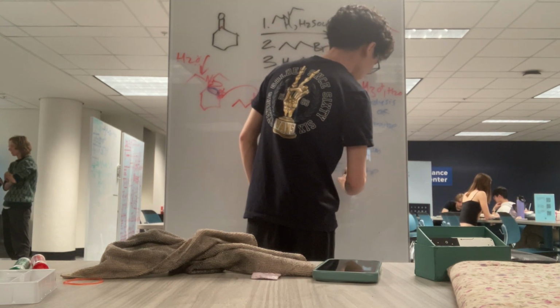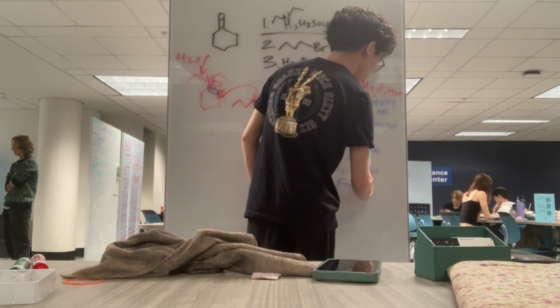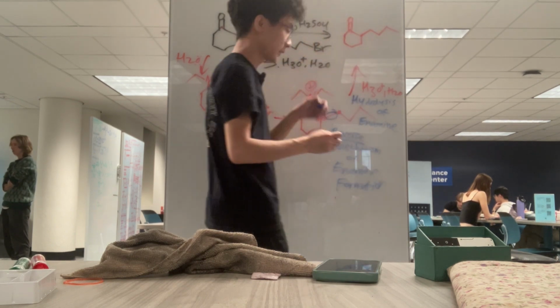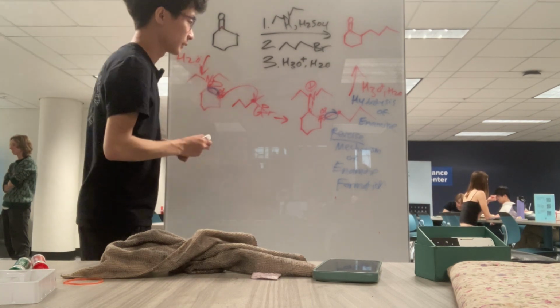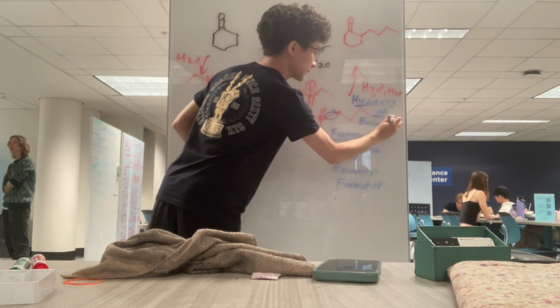Reverse, because we're not forming an enamine, we're going backward to a carbonyl, which is also known as hydrolysis of enamine.